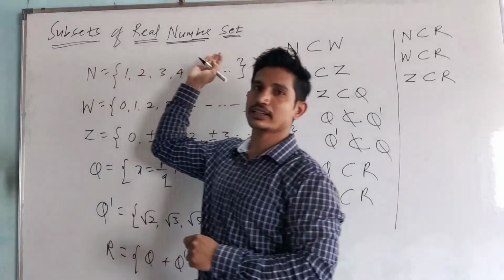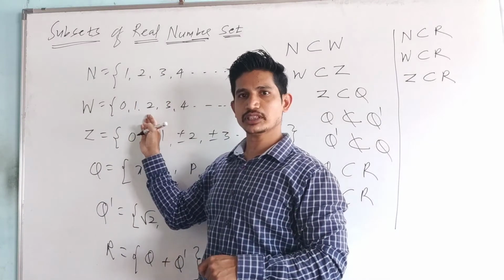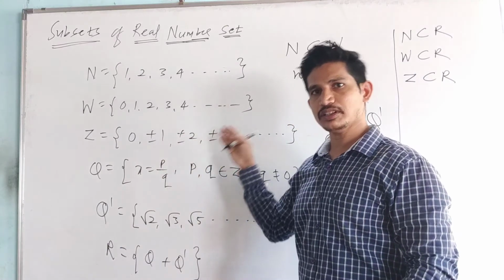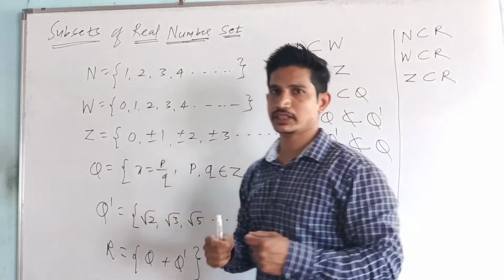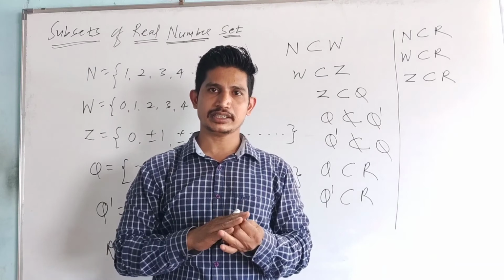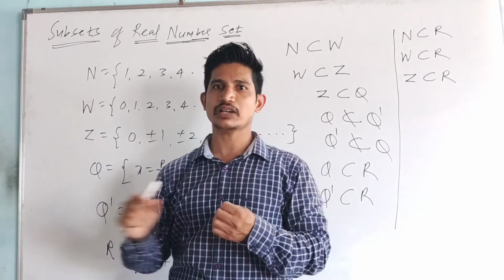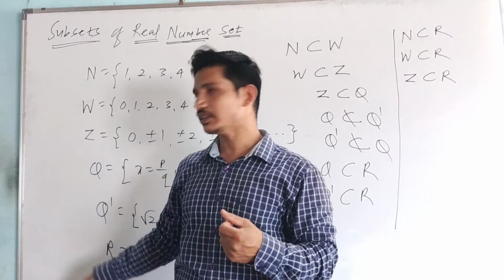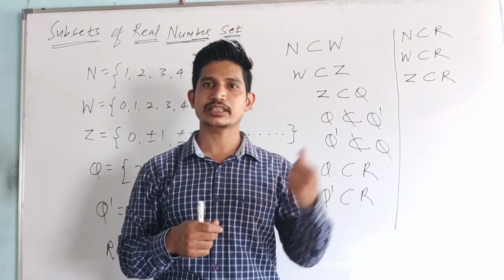The main thing here is the subsets of R, the real number set. Natural numbers are a subset of R, integers are also a subset of R, and rational and irrational sets are all subsets of R. So natural numbers, whole numbers, integers, rational and irrational numbers, all these sets are subsets of R, because all these numbers will come in the real number set, and the real number set is the biggest set in the number system.